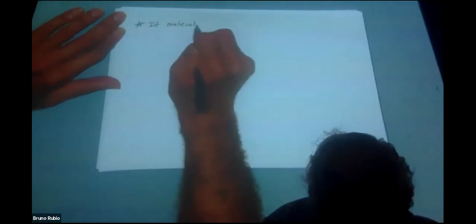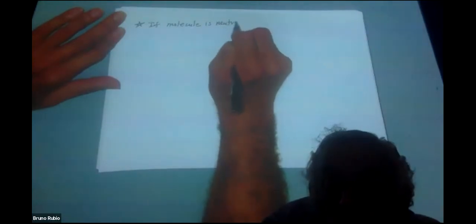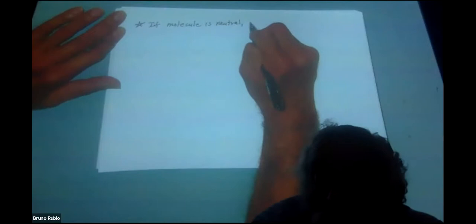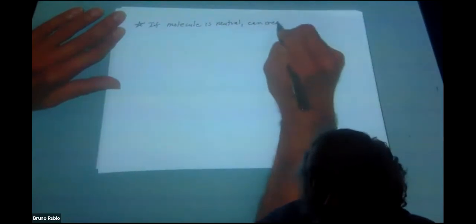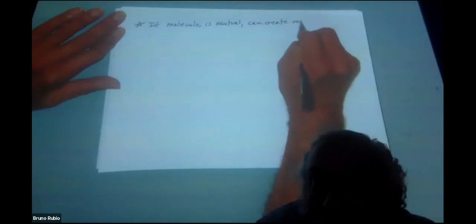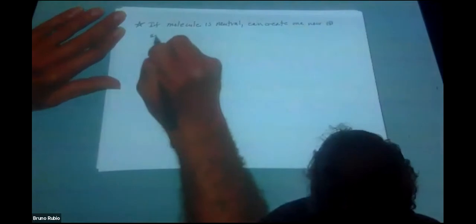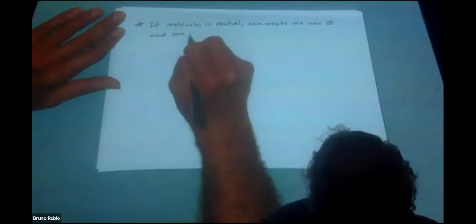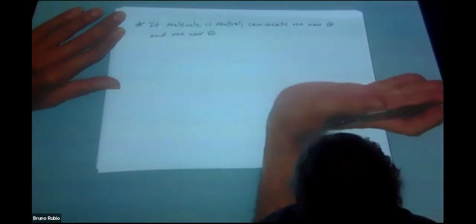If the molecule is neutral, you can create one new positive charge and one new negative charge, but no more.